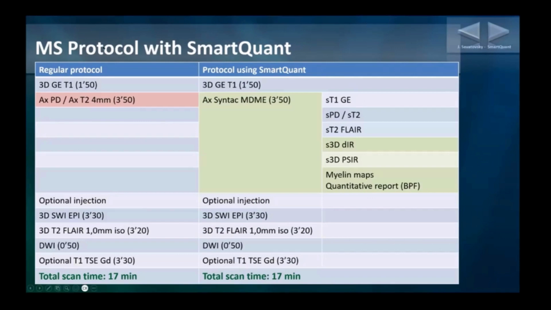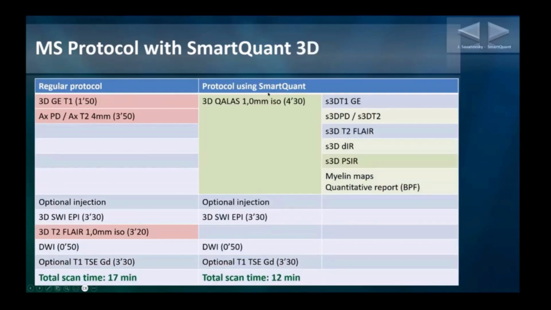I have shown you that the MS protocol that we used with 2D SmartCount was pretty much the same scan time that we used before, but now that we have it in 3D, it gives us the possibility not only to remove the 2D PD and T2 sequences, but also to remove the T1 gradient echo sequence and also the 3D FLAIR sequence, and all of that will be replaced by a single 4-minute 3D sequence that can be used for reformats, and on which you will have all the sequences that you need and that you can now remove from your standard protocol.